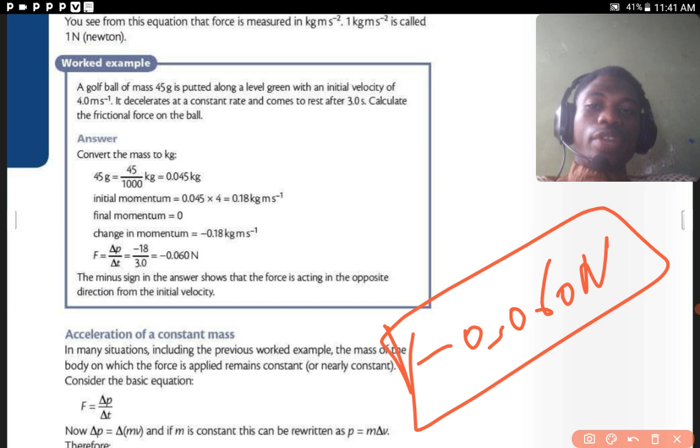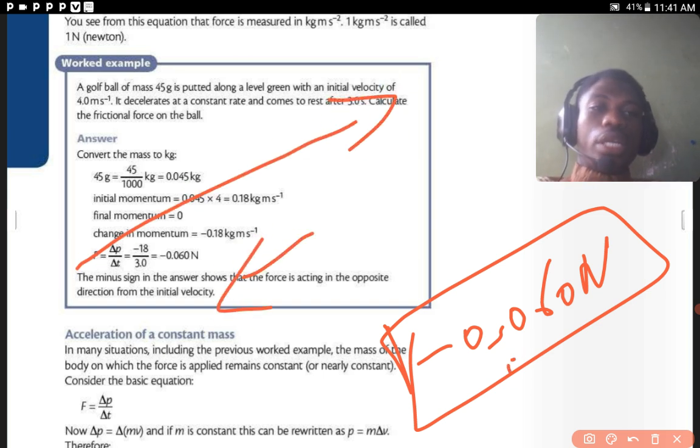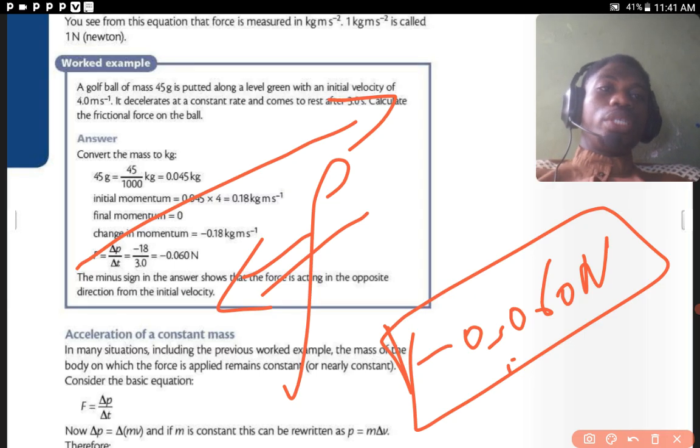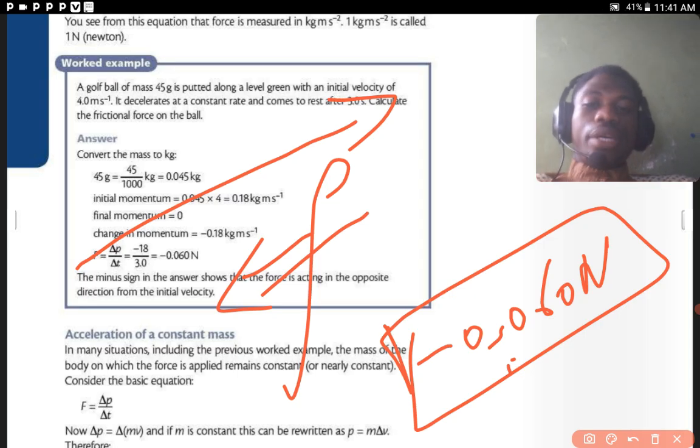It means that if the motion is this way, this force is instead opposing the direction. That's why we call it frictional force, because frictional force opposes the direction of motion of a body. And frictional force is a contact force, only applied between two bodies which are physically touching each other.